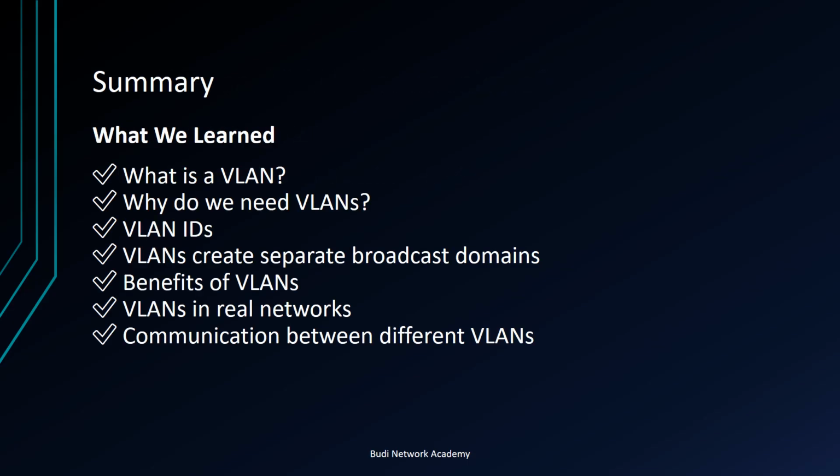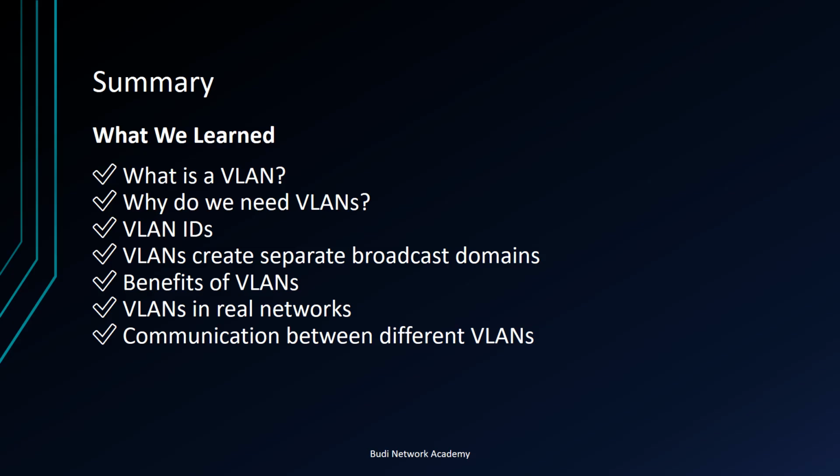Let's quickly review what we have learned today. VLAN stands for Virtual Local Area Network. A VLAN is a logical network created within a physical network. VLANs allow us to separate devices and network traffic logically. We also learned that each VLAN represents a separate broadcast domain.